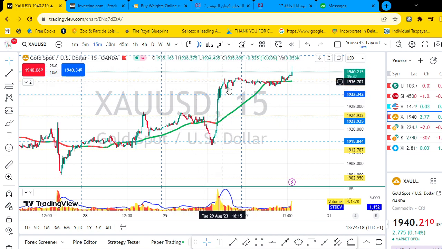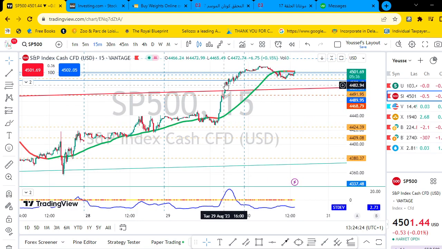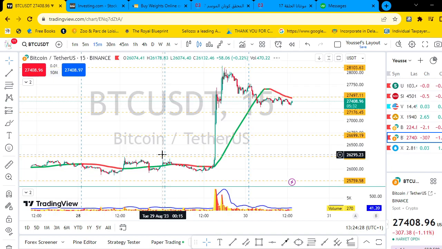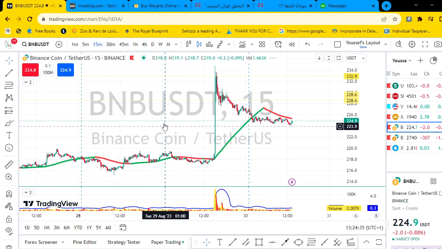You see what happened yesterday. This move for gold, S&P, and Bitcoin, and also for the BNB, for the people who trade Binance currency.